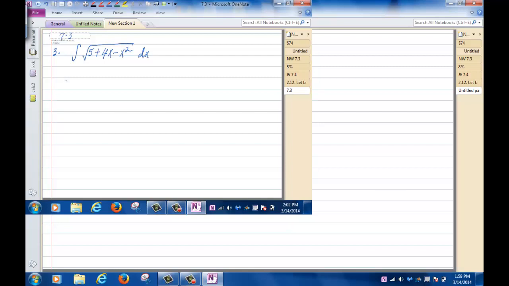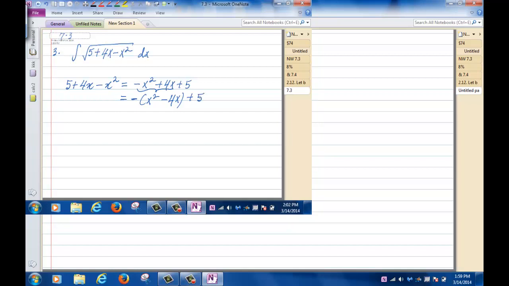So I start with the quadratic that I have, 5 plus 4x minus x squared, and I am going to write down the square first. 4x plus 5, and I am going to factor out a negative from the first two terms and rewrite that as x squared minus 4x.